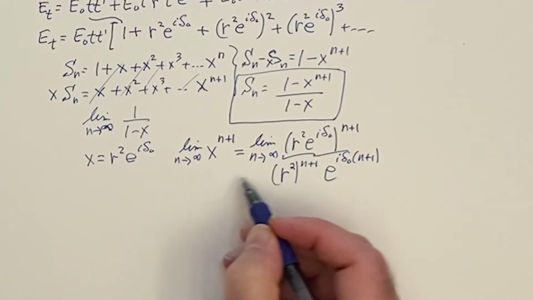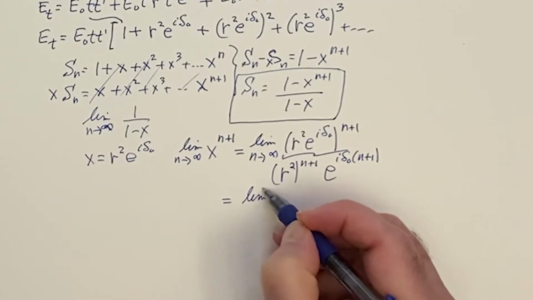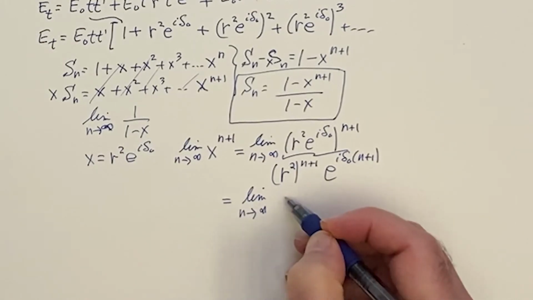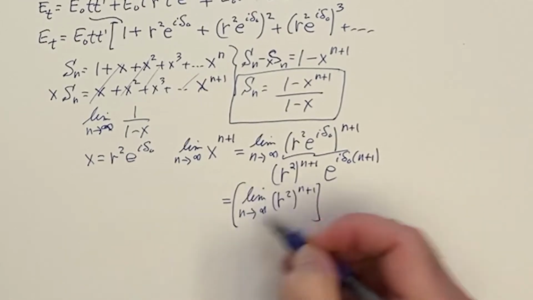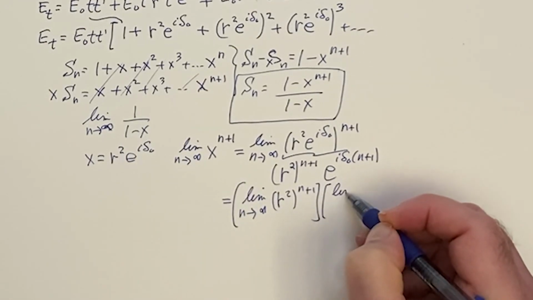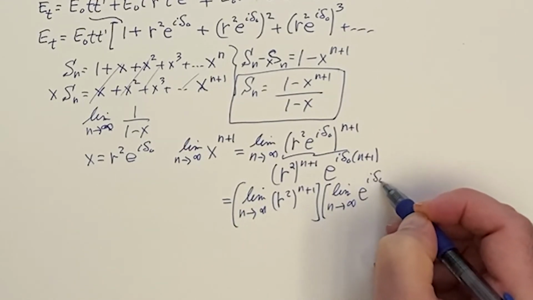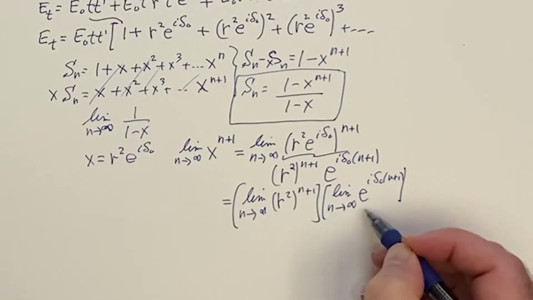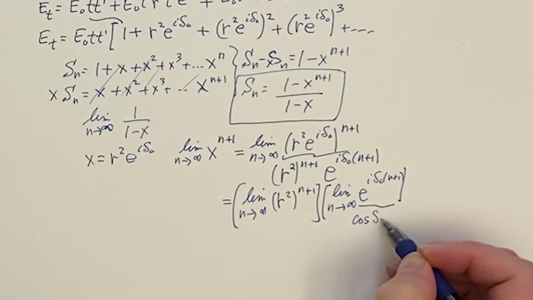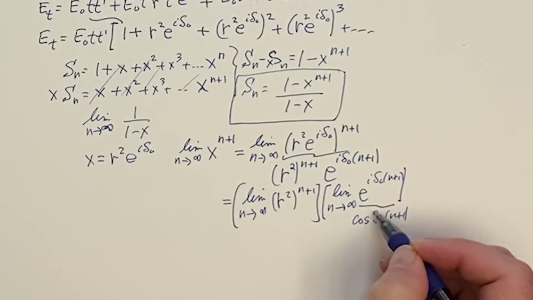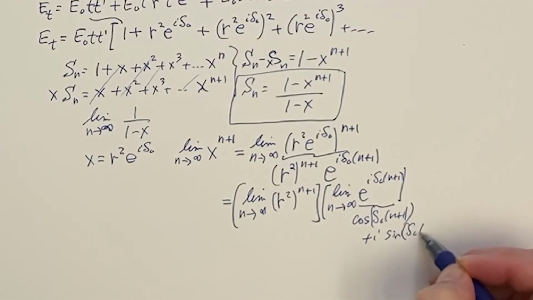And when you take the limits, we're going to use that property of limits where we have the product: we'll do this one here, and then we'll have the second factor over here, taking the limits. And you can see that these are sines and cosines. This is going to be like the cosine of delta naught times n plus 1, plus i times the sine of delta naught times n plus 1.